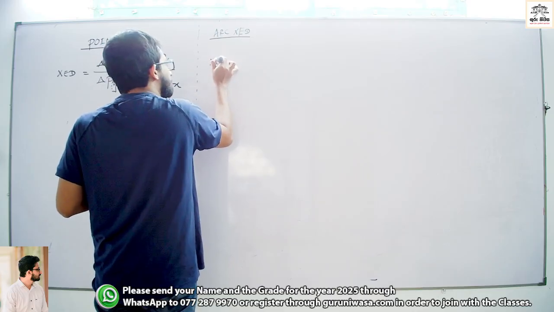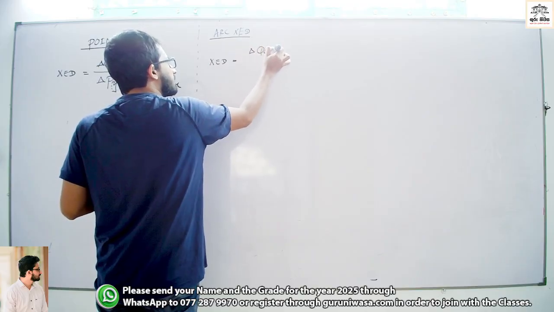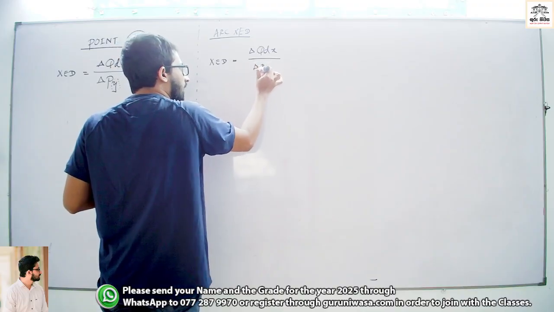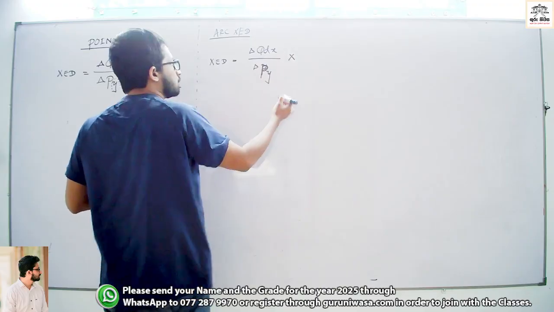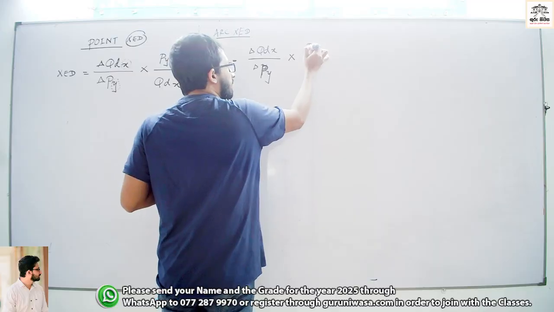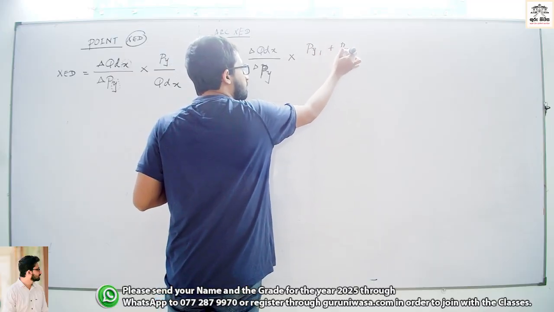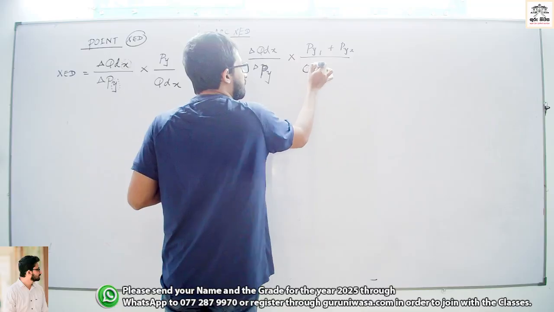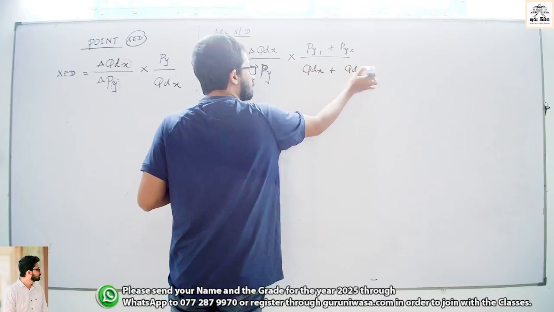XED equals delta QDX divided by delta PY, into PY1 plus PY2, divided by QDX1 plus QDX2.